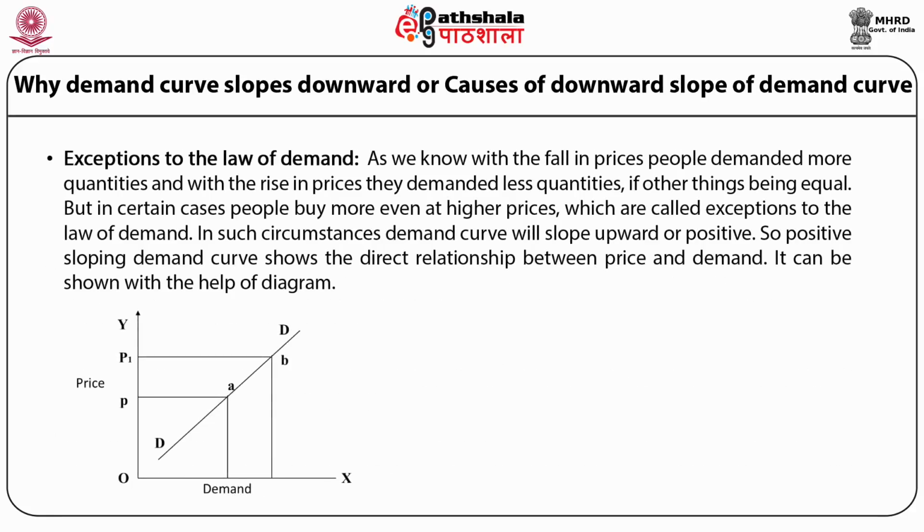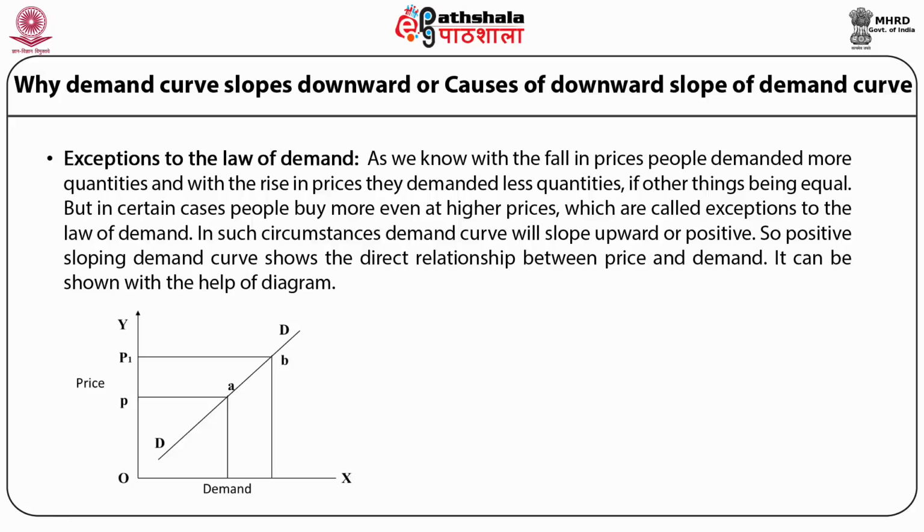Exceptions to the law of demand. As we know, with the fall in prices, people demand more quantities, and with the rise in prices, they demand less quantities, other things being equal. But in certain cases, people buy more even at higher prices, which are called exceptions to the law of demand. In such circumstances, the demand curve will slope upward, or positive.